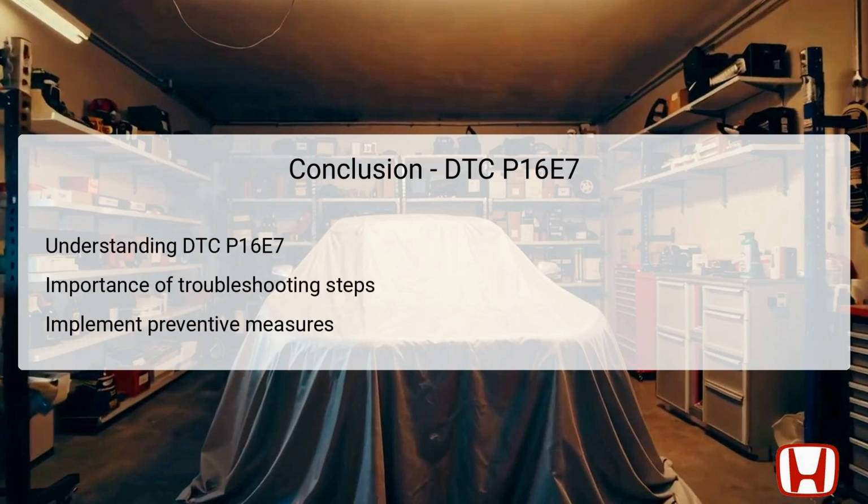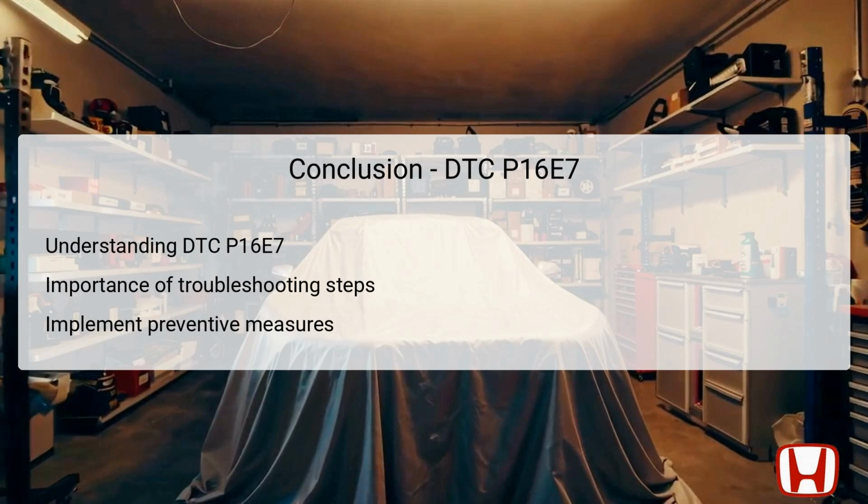In conclusion, understanding DTC P16E7, which signifies a battery blower LIN communication error, is pivotal for maintaining the performance of the 2016 to 2022 Honda Pilot. Thorough troubleshooting is critical, as each step provides valuable insights into potential issues ranging from wiring faults to component failures.